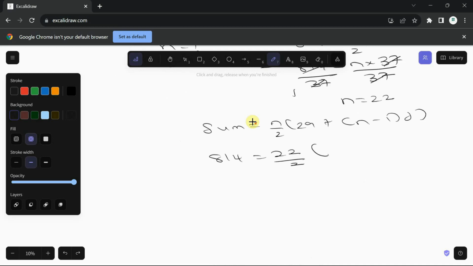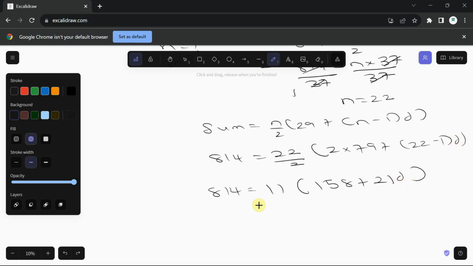Our a is 79, so that is 2 times 79 plus 22 minus 1 multiplied by d. Great. So 814 is equal to 22 divided by 2 is 11. Open bracket, 2 times 79, take calculator and try it out. So that is 158 plus 22 minus 1, that is 21, right? 21 times d, that is 21d.